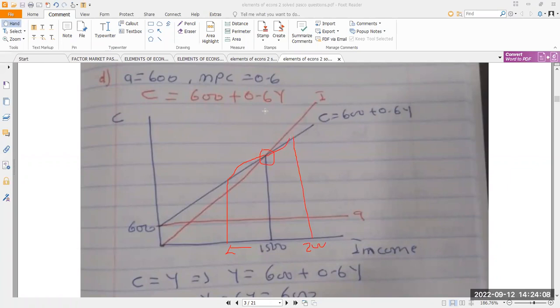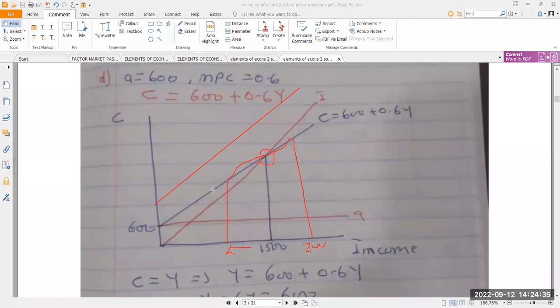But when we talk about a shift in the consumption curve, income is held constant. Assuming this consumption function was drawn with the autonomous consumption as what? 600. So the 600 is the intercept. What if autonomous consumption increases to 1,000? Then this is where the consumption curve will start from.